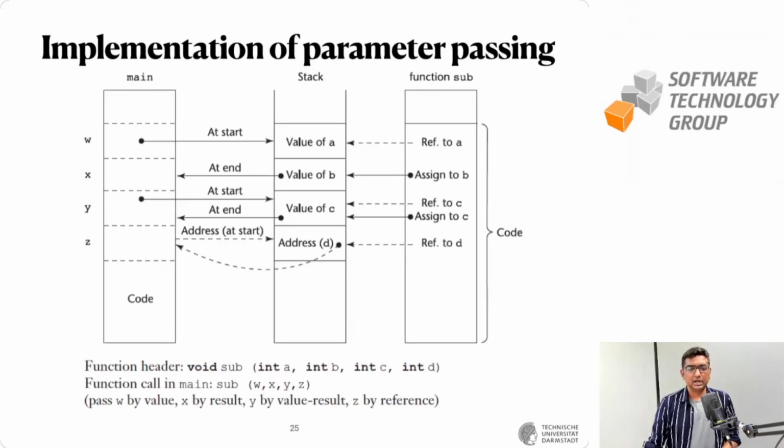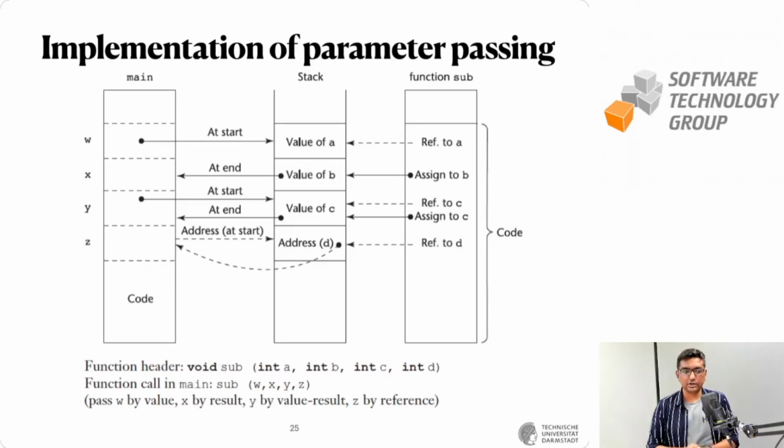So we saw different ways of parameter passing, and I already discussed a little bit how the implementation of these looks like. Now let's try to look at how implementation of parameter passing would look like in memory. Of course, there's a simplified diagram here. We're going to assume a function sub which takes in 4 parameters, a, b, c, and d.